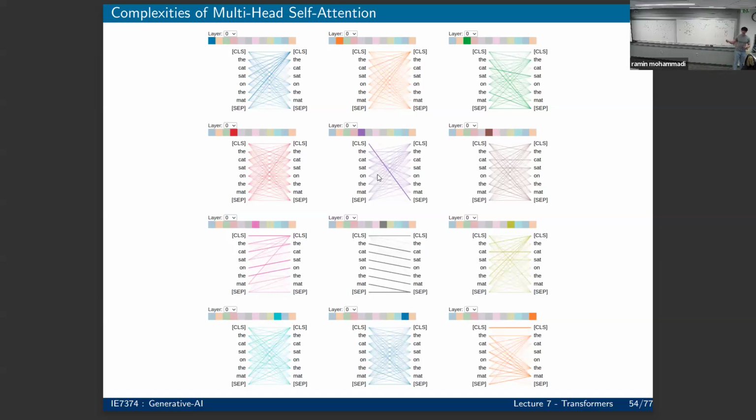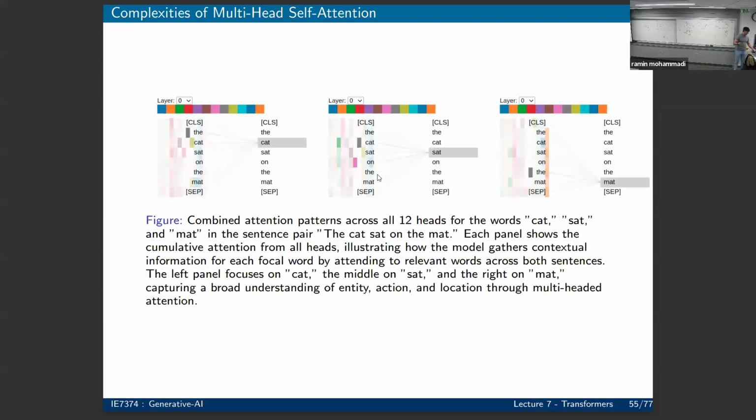It's the same idea: you repeat it n times, concatenate them, and multiply by a weight matrix, like matrix W. If you look at this across all heads, these are the values you got per head. So that's the idea.